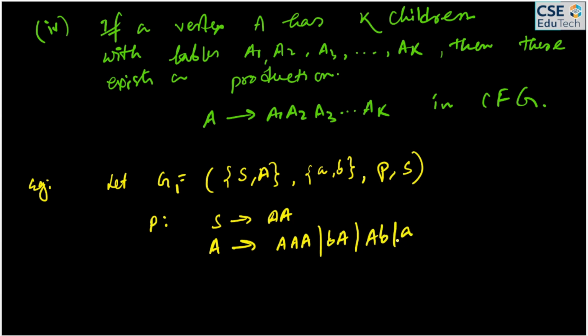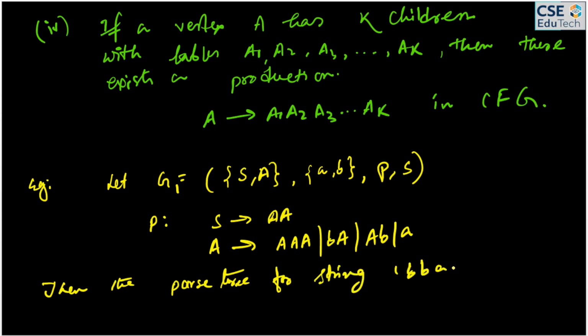Then what will be the derivation tree, the parse tree, for the string b b a a a a b?